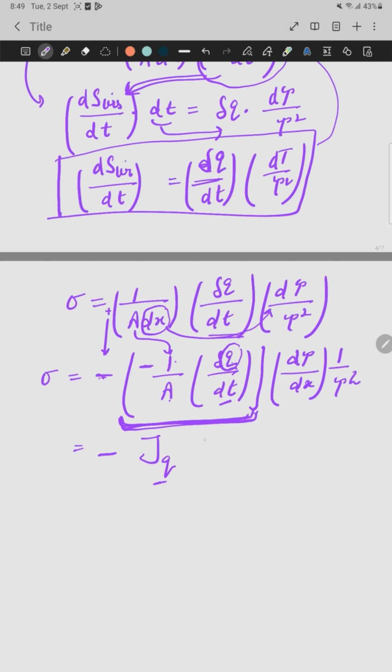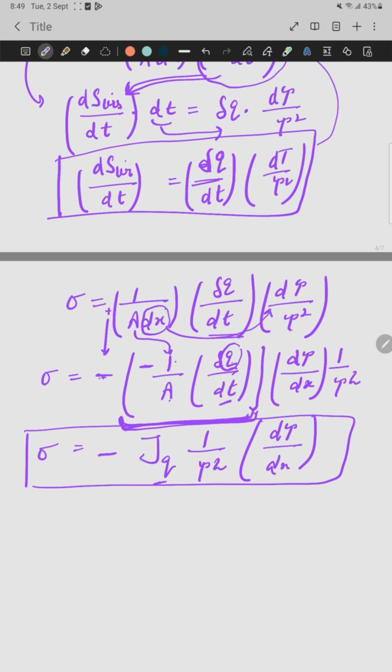Everything else remains the same, that is 1 by T square into dT divided by dx. So this is the entropy production for the heat flow that we had to derive.